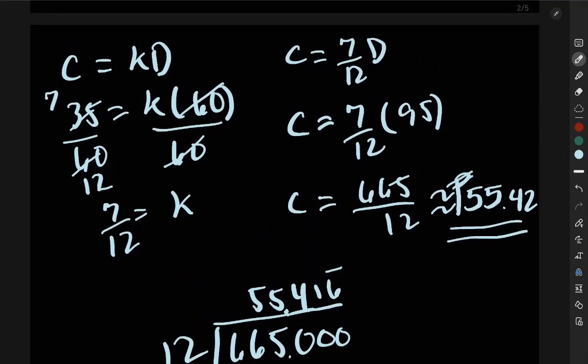Next, we're going to do the inverse variation. Inverse variation. So let's continue at the bottom. Inverse.